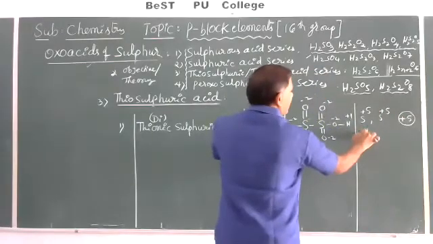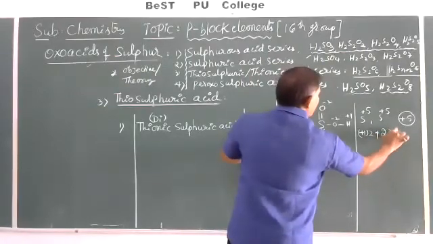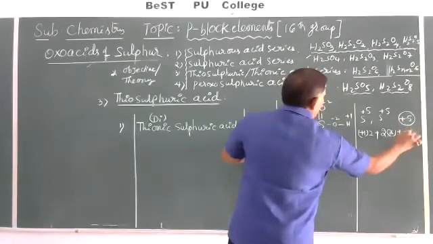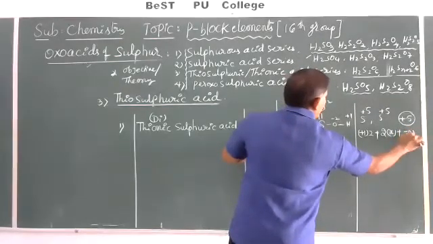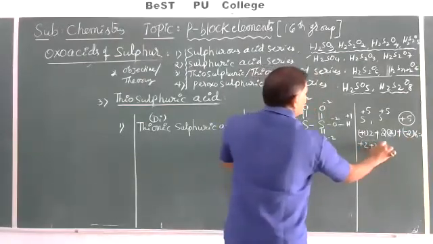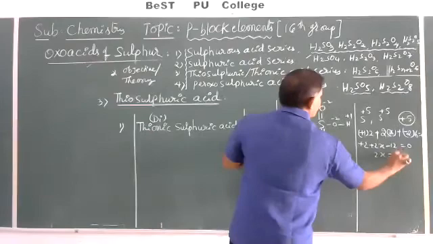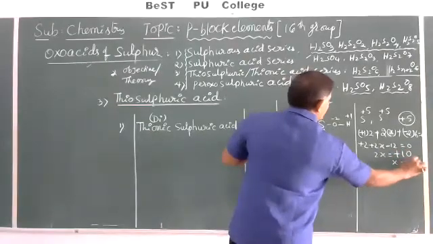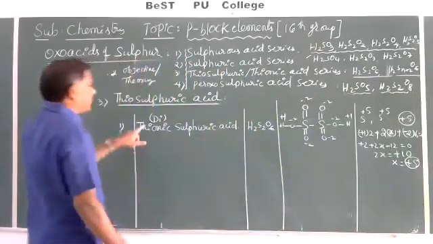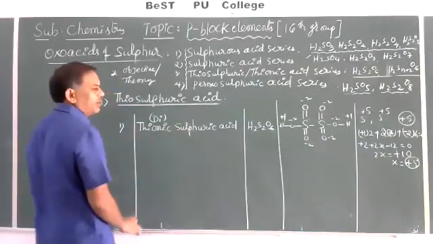We can calculate like +1 into 2 plus 2 sulfur atoms are there, we can take as x, plus total 6 oxygen atoms are there, that's why -2 into 6 equal to 0. Now that is +2 plus 2x minus 12 equals 0. Now here 2x equals +10, so x equals +5, that is average. So that is dithionic acid, also we can use.